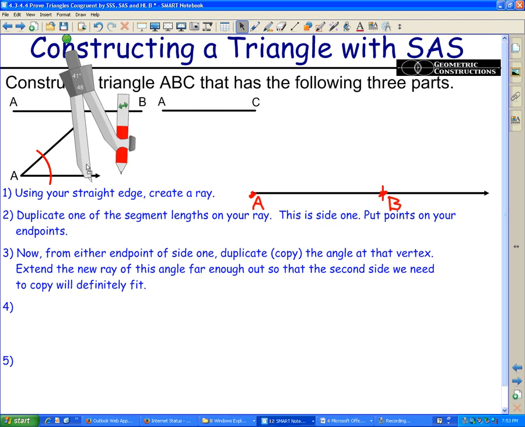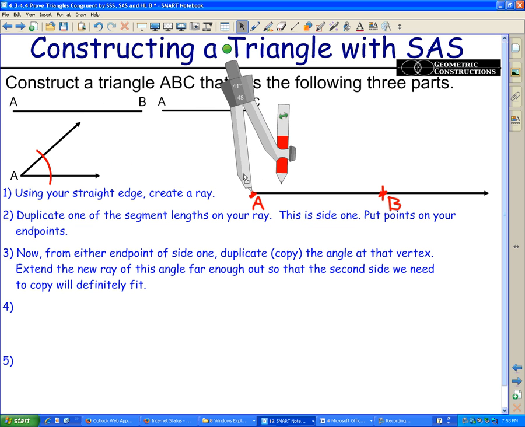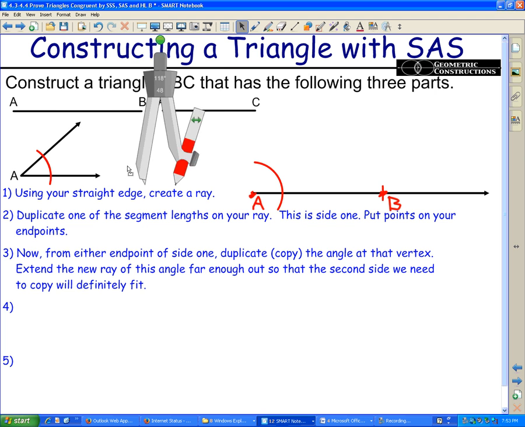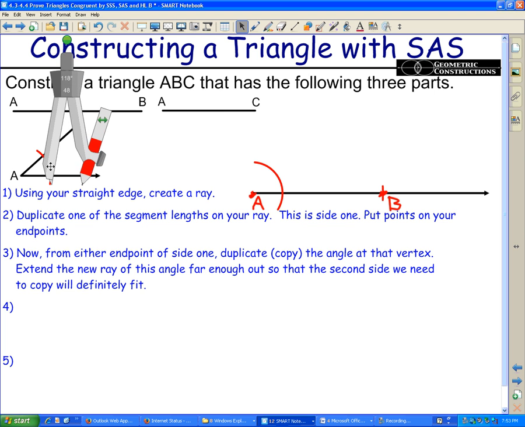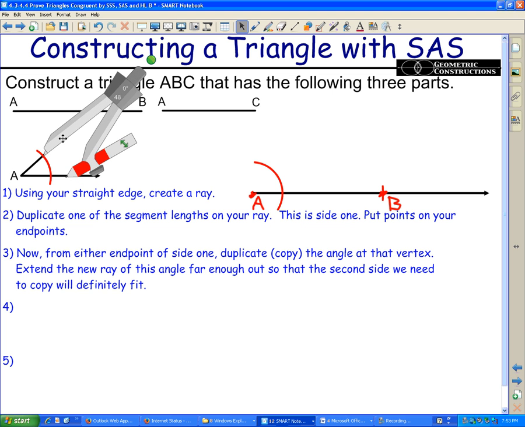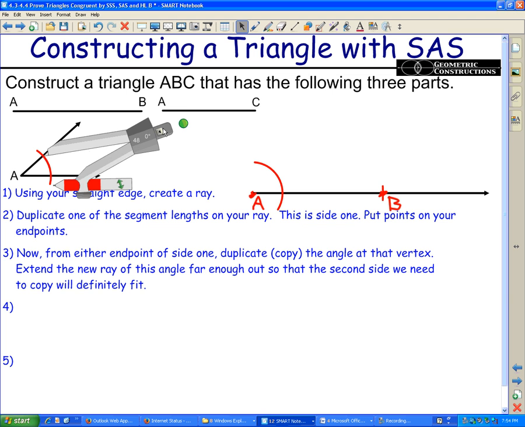I'm going to come over to my vertex that I'm calling vertex A. I'm going to make an arc through where that angle is going to be. I'm going to come back over to angle A. I'm going to measure the distance between these arc intercept points.